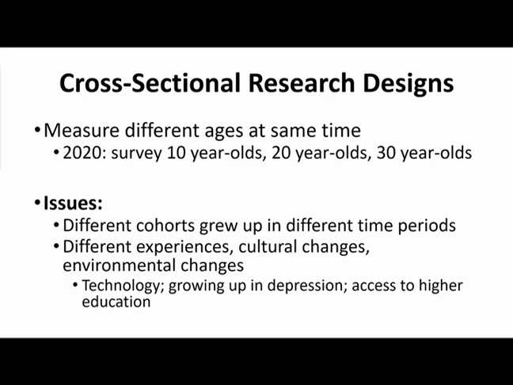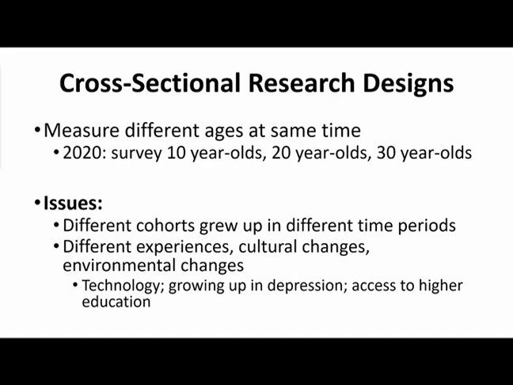And so we run into this issue where, because these cohorts have all grown up in different time periods, if you find a difference between your 10-year-olds, your 20-year-olds, and your 30-year-olds, is that due to age differences, or is it due to differences in the time period that they grew up in? Is it due to different environments? Is it due to different experiences? Is it due to different cultures?